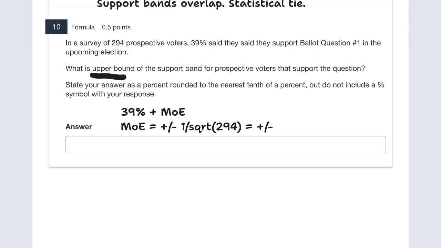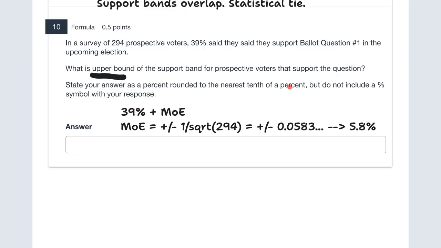Grab your calculator, do 1 divided by the square root of 294. That gives you a decimal of 0.0583. And this keeps going. When we change that to a percent, this is going to be 5.8% when we round to the tenth of a percent.